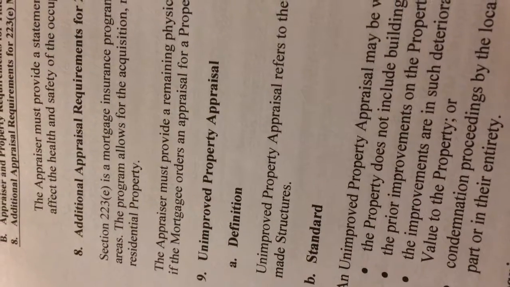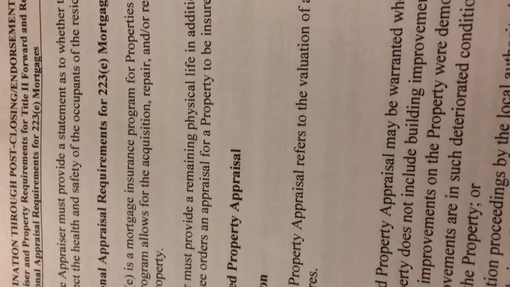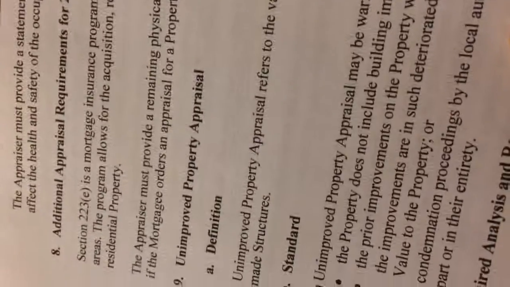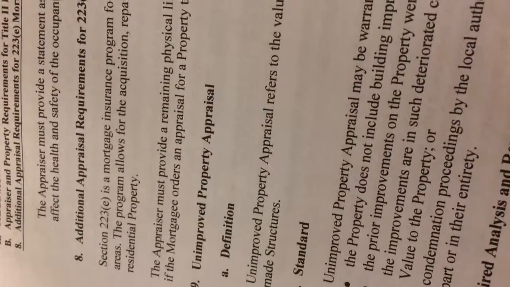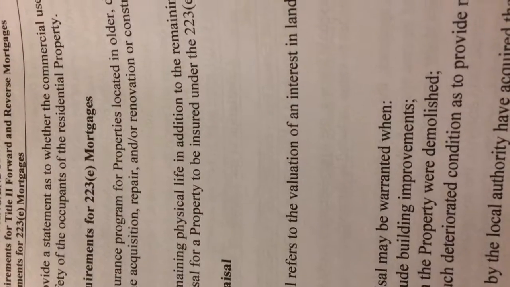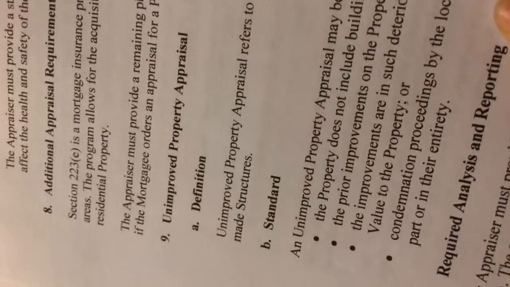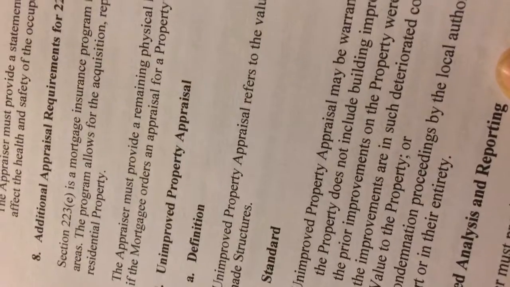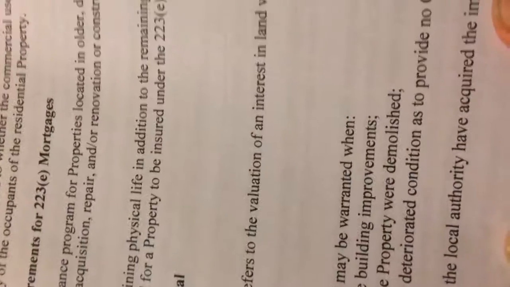Section 223E is a mortgage insurance program for properties located in older, declining urban areas. The program allows for the acquisition, repair, and/or renovation or construction of a residential property. The appraiser must provide a remaining physical life in addition to the remaining economic life, if the mortgagee orders an appraisal for a property to be insured under the 223E program.